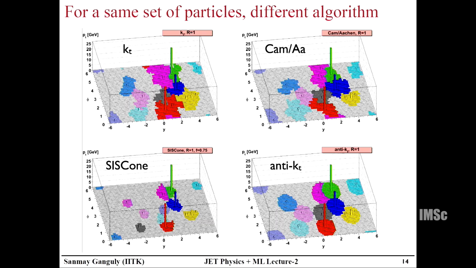Anti-KT is more circular compared to KT. The SISCone jets are maybe more circular than anti-KT, and so on. The subleading jets, of course, have differences. But the leading jets are sort of agreeing with each other, which carry most of the energy flow of the event. So this is a visual representation of how you should compare the outputs of different algorithms. Okay, great.